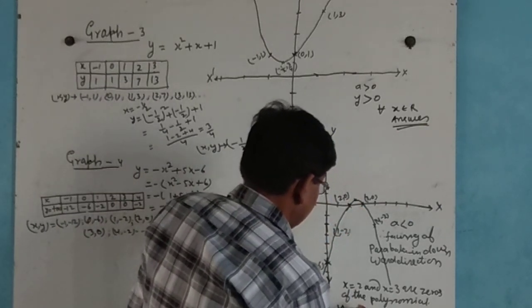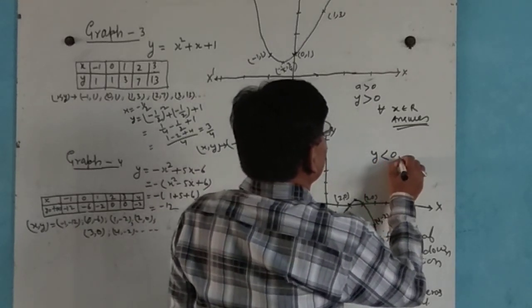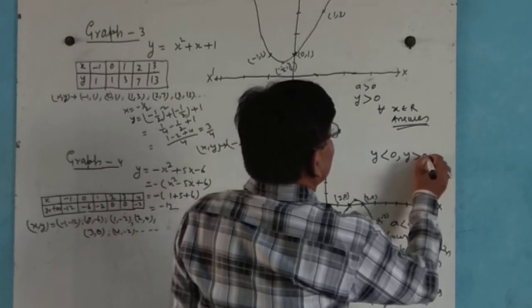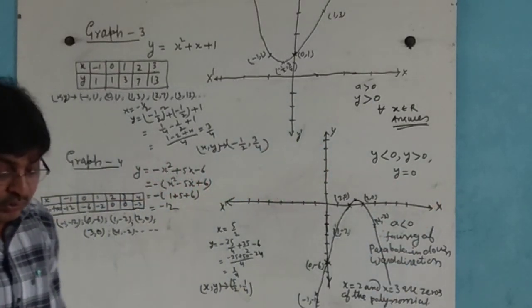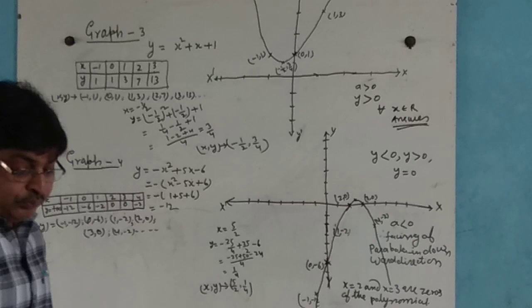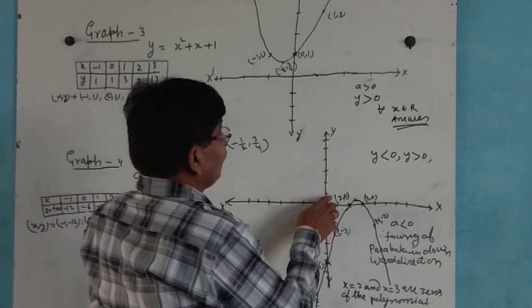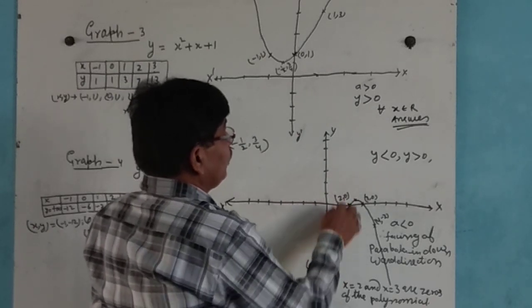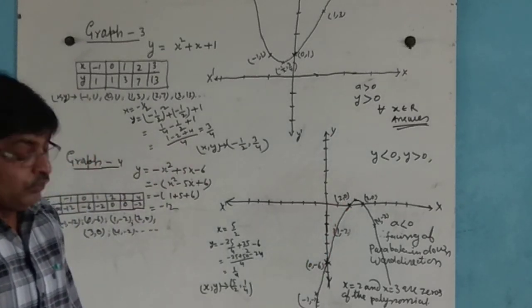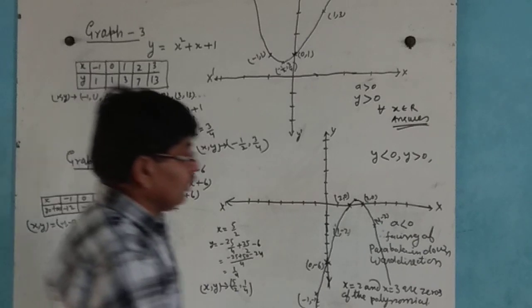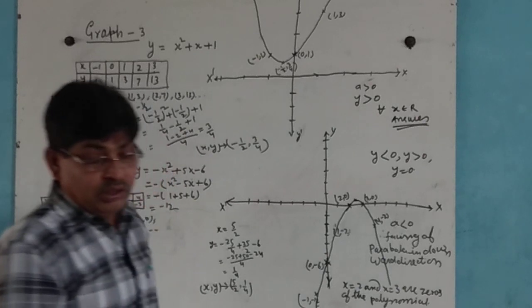The value of y is less than 0 here, greater than 0 here, and y equal to 0 at the zeros. This is our answer.